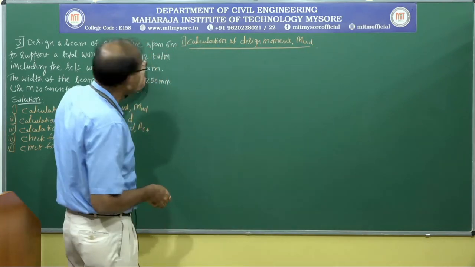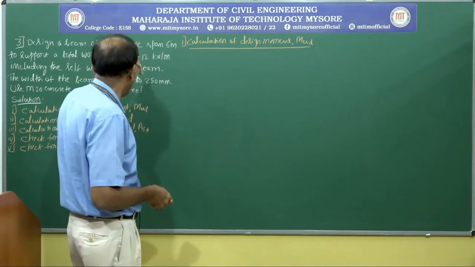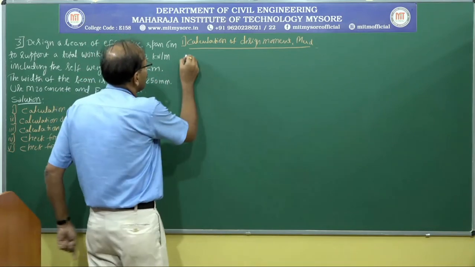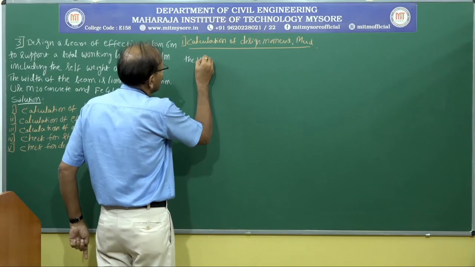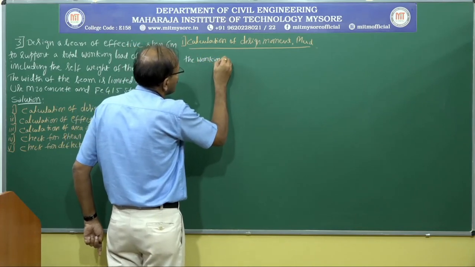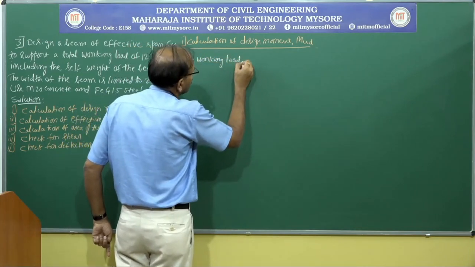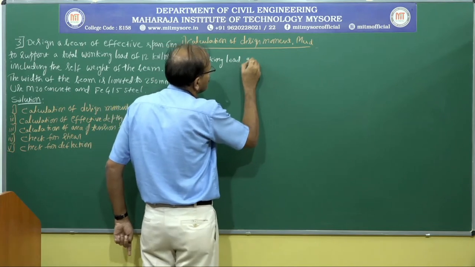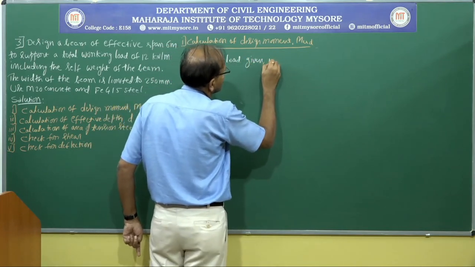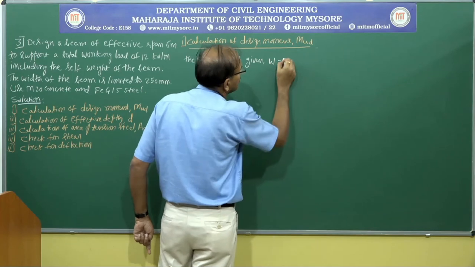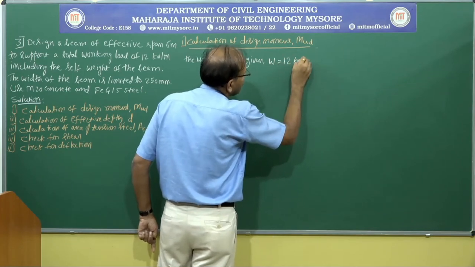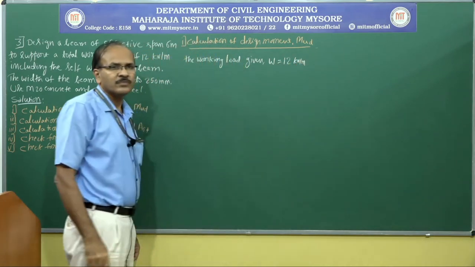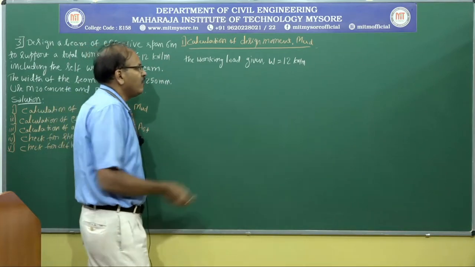So what is the service load given? Service load or working load, the working load given is W equal to 12 kilonewton per meter. So we need design load.